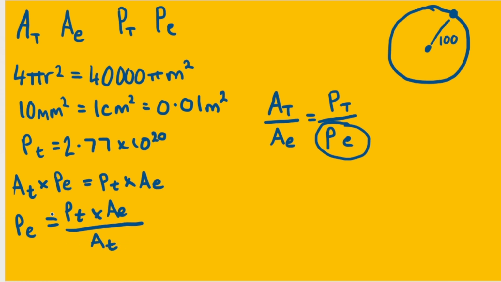Okay, so now we've got all of our numbers, so we can plug them in. It's going to be the total amount of photons, which worked out to be 2.77 times 10 to the 20 per second, times the area of the eye, which was 0.01 of a meter, divided by the total area, which we said was 40,000 pi.